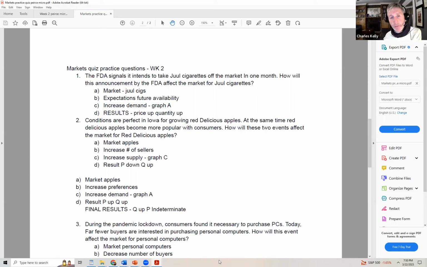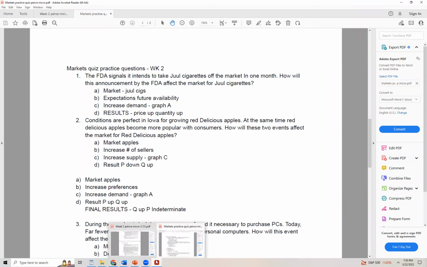And it says, how would these 2 events affect the market for red delicious apples? So you're never gonna have any problem identifying the market. So part A is gonna be a given, basically. It's like, okay, there's the market. So, all right, well, let's continue on. We can come back to another question, and it'll probably come easier as we go through these.